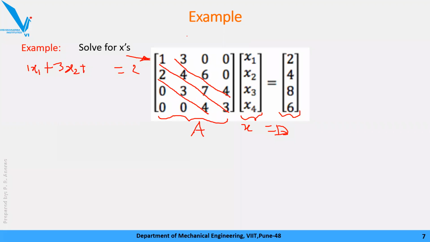In this coefficient matrix, all the coefficients are in either the upper diagonal, the main diagonal, or the lower diagonal. If all elements of the coefficient matrix lie in only these 3 diagonals, that means you need to implement the Thomas algorithm or TDMA approach. Remaining elements will be zeros.